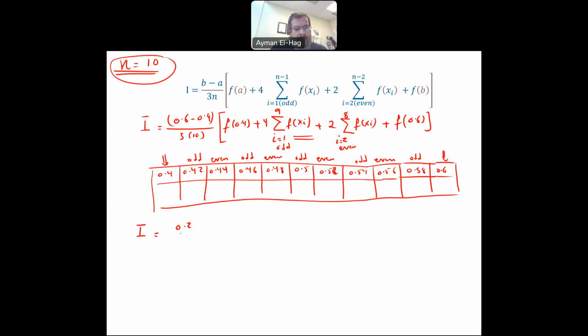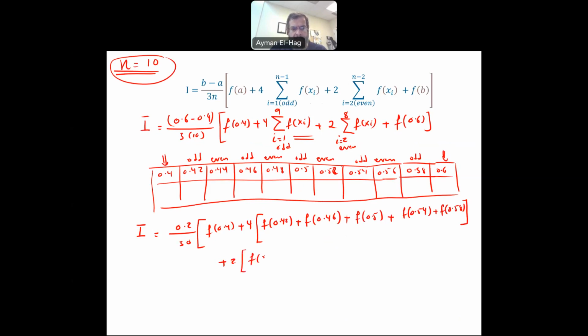Your I is equal to 0.2 divided by 30, f of 0.4 plus 4 times (f of 0.42 plus f of 0.46 plus f of 0.5 plus f of 0.54 plus f of 0.58), close the bracket, plus 2 times (f of 0.44 plus f of 0.48 plus f of 0.52 plus f of 0.56), close the bracket, and finally f of 0.6.